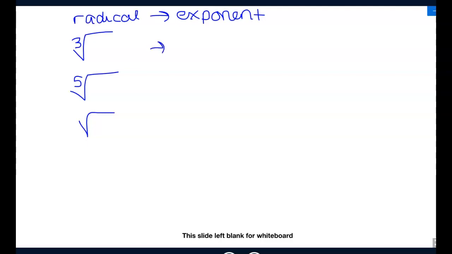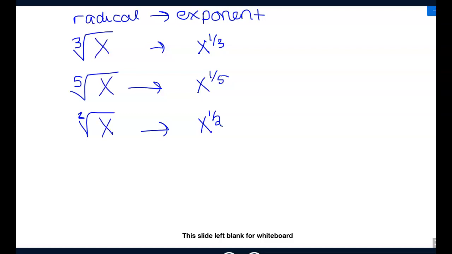So a cube root is x to the 1/3. A fifth root is x to the 1/5. A square root is x to the 1/2. So whatever is the nth root becomes the bottom of the fraction. If you have a variable underneath other than x, then that changes the numerator of the exponent.